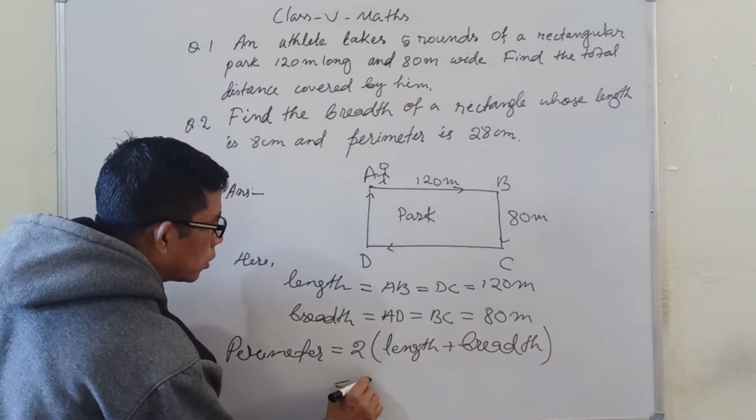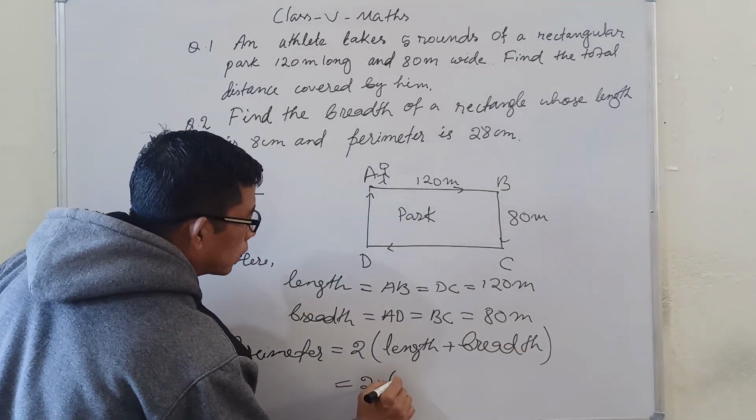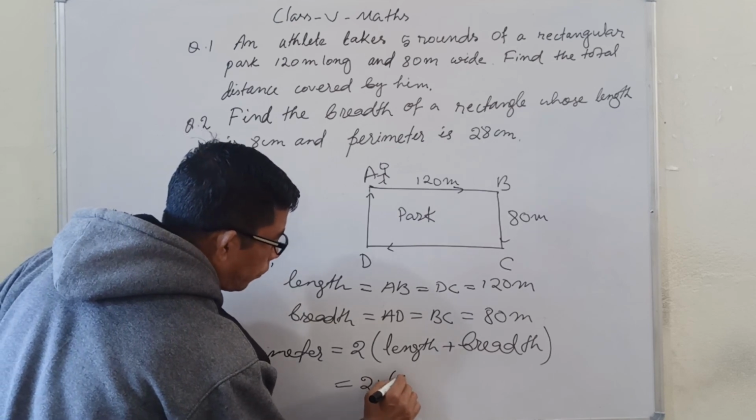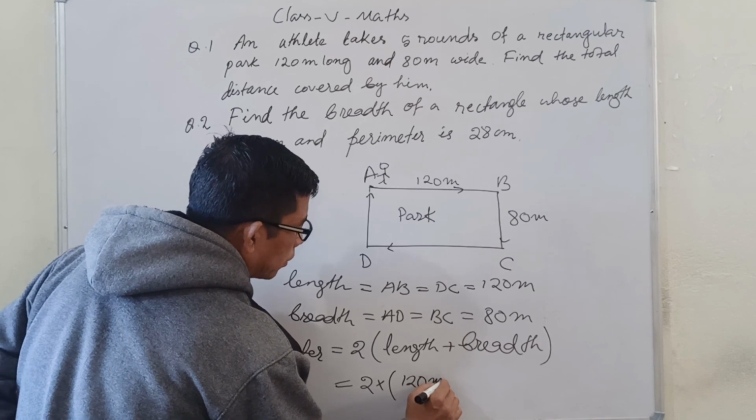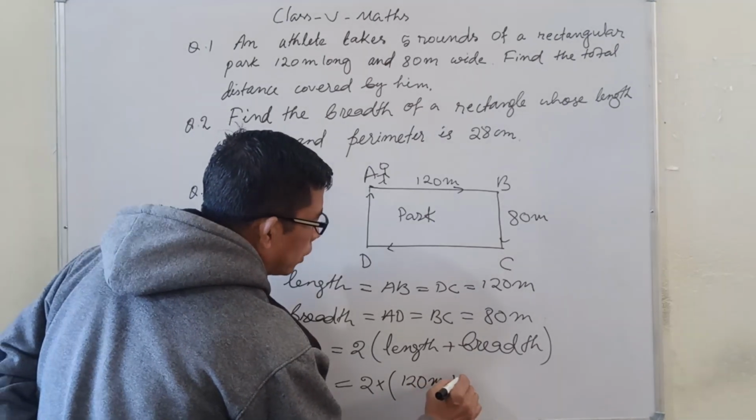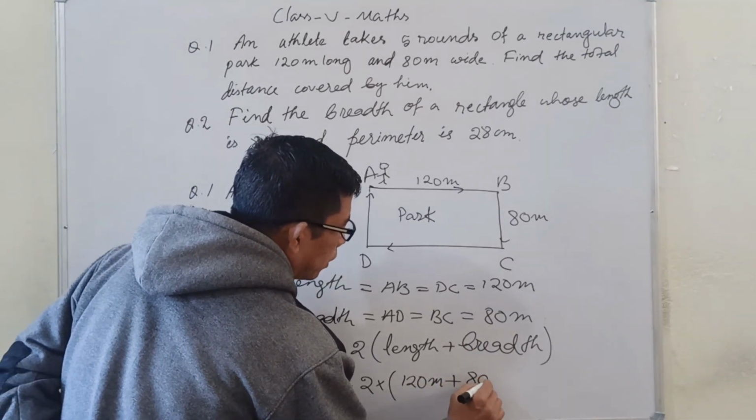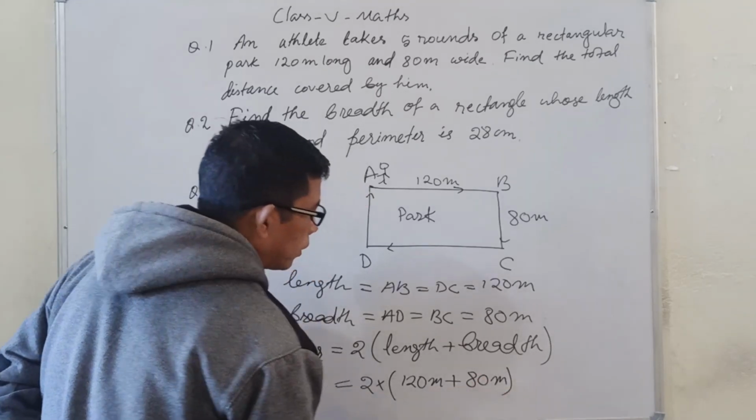That is 2 into length, which is given to be 120 meter, plus breadth, which is given to be 80 meter.